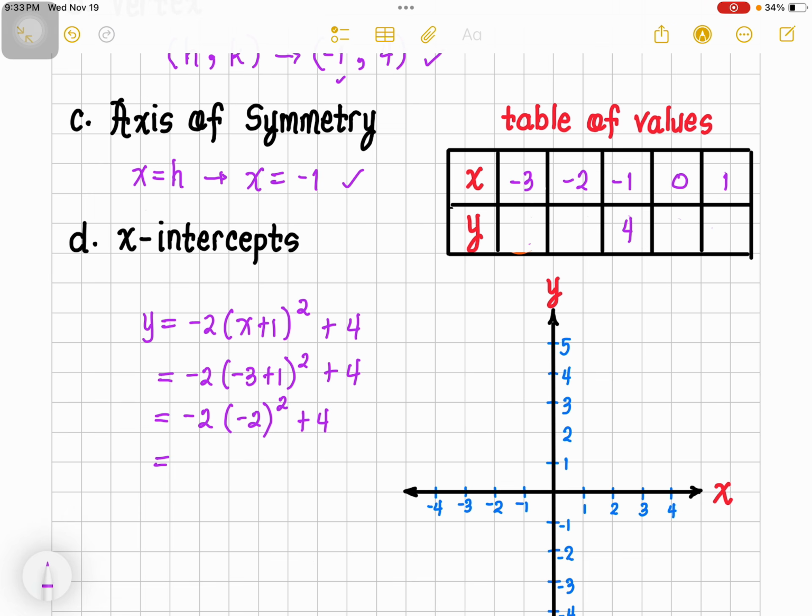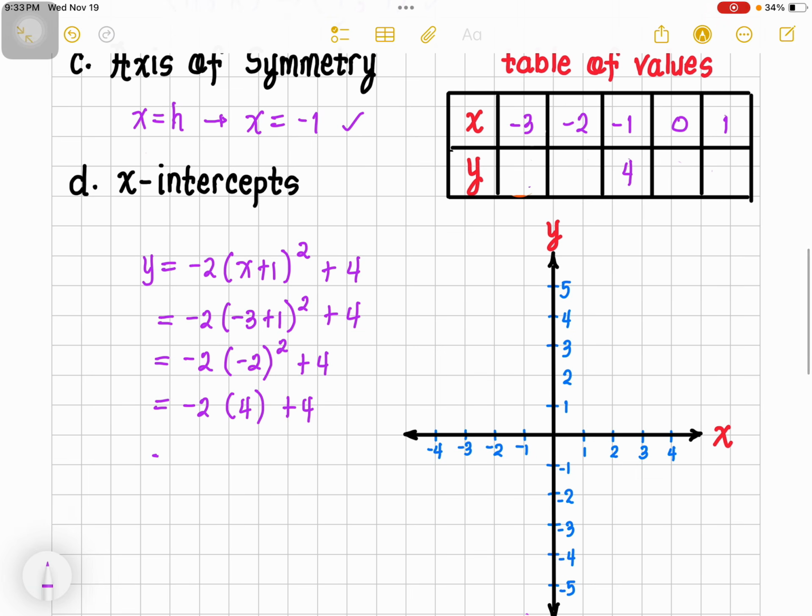And then, we have negative 2 copy. So, negative 2 squared, that is equal to positive 4. Kasi negative 2 times negative 2, that gives us positive 4. So, plus 4. And then, negative 2 times 4, which gives us negative 8, added by 4. So, your first value ng y is, rather, negative 4, right? Okay. So, this is negative 4. So, ganun lang kasimple. Okay?